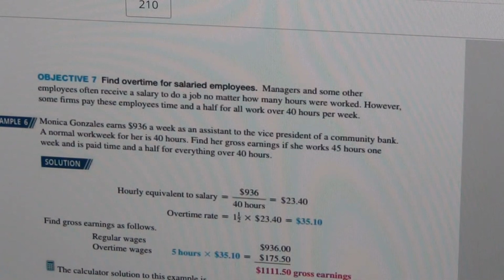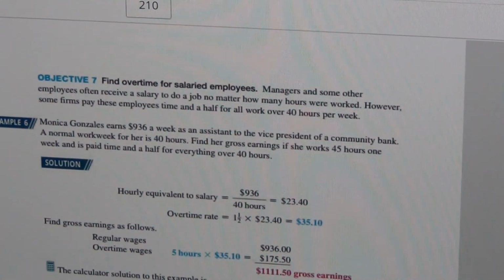But there are certain types of positions where employers may want to give what is considered to be a minimum amount per week or per month. And that minimum amount is really treated as a salary.